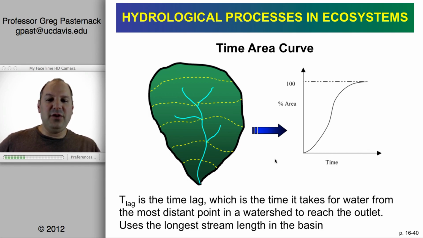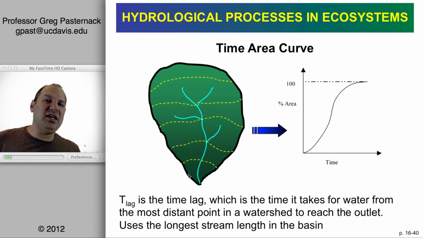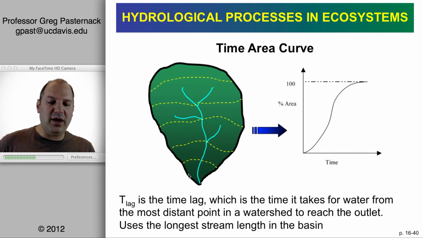So if I were to start at, maybe, this most distant spot, water is going to move relatively slowly to get to the stream head, and then from there it might move relatively quickly to get to the mouth. Whereas somewhere over on the side, it might take even longer because it's got to go overland quite a long ways, and then it hits the stream. So it's not the physically most distant point, but it's the hydrologically most distant point.